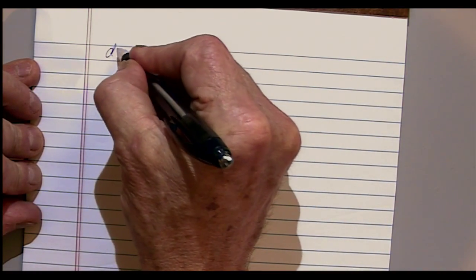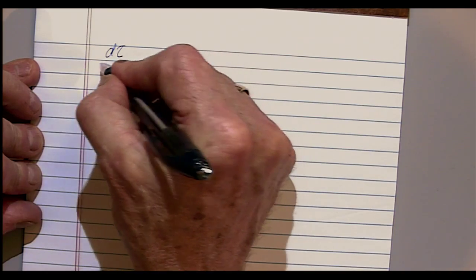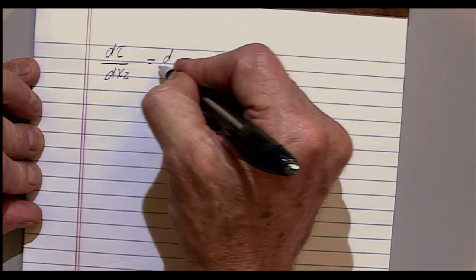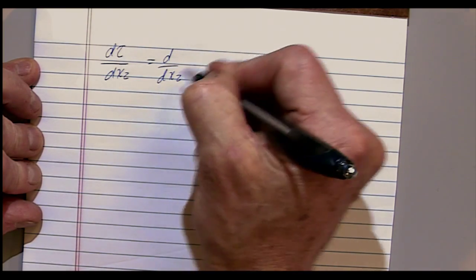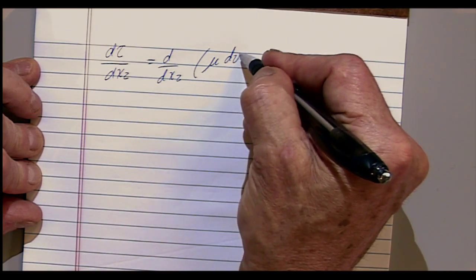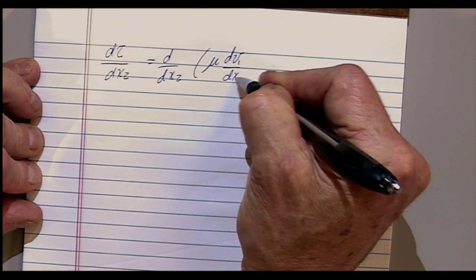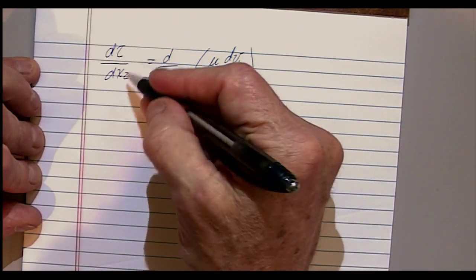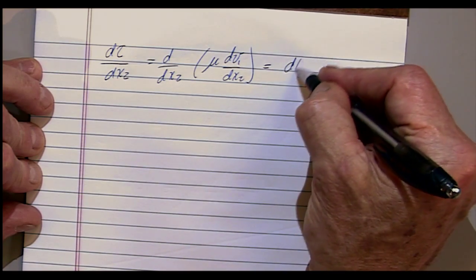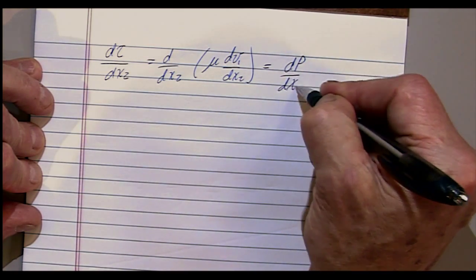Okay. So if we put equation 2 into equation 1, we end up with the expression that the derivative of tau with respect to x2 is equal to the derivative with respect to x2 of the viscosity times the velocity gradient. And remember, d tau dx2 is just equal to the pressure gradient from our force balance, so this is just dp dx1.